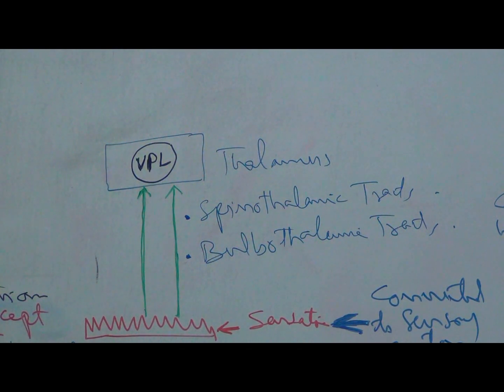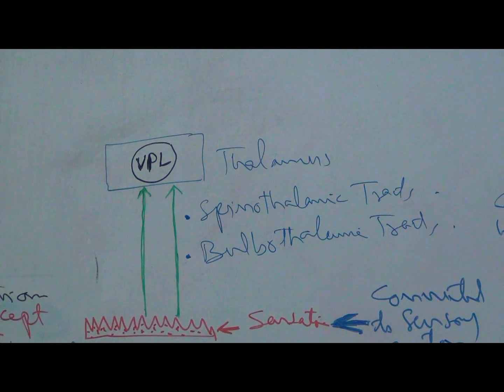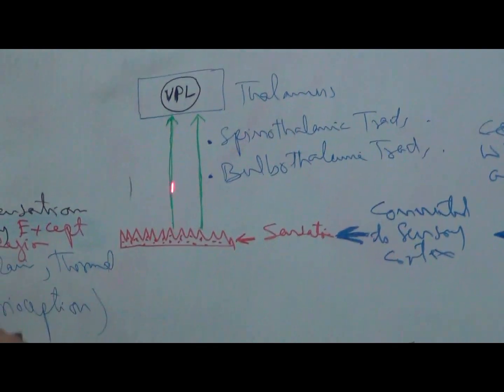The sensations are carried to the thalamus via tracts. Spinothalamic tracts go from the spinal cord to the thalamus. Bulbothalamic tract, the other name for the medulla oblongata is bulb, so from the medulla to the thalamus. Now which nucleus of the thalamus? The ventral posterolateral nucleus carries all general sensations from all parts of the body except the head region via spinothalamic and bulbothalamic tracts.